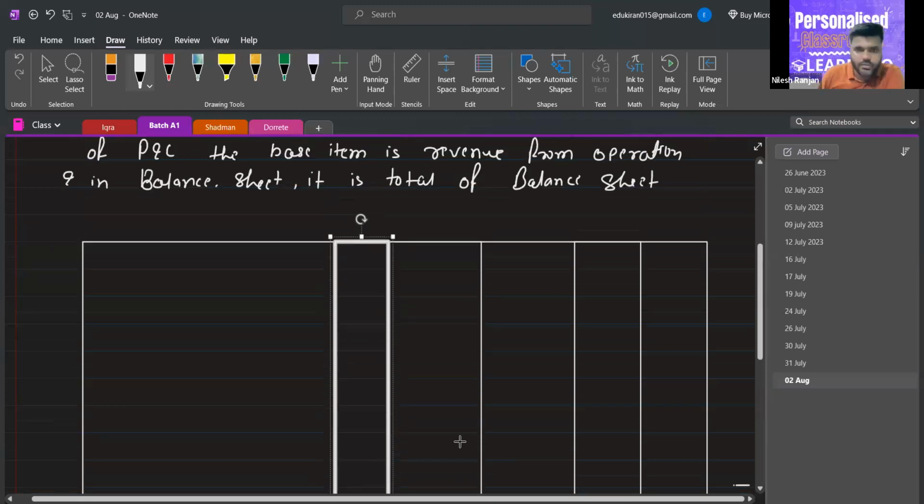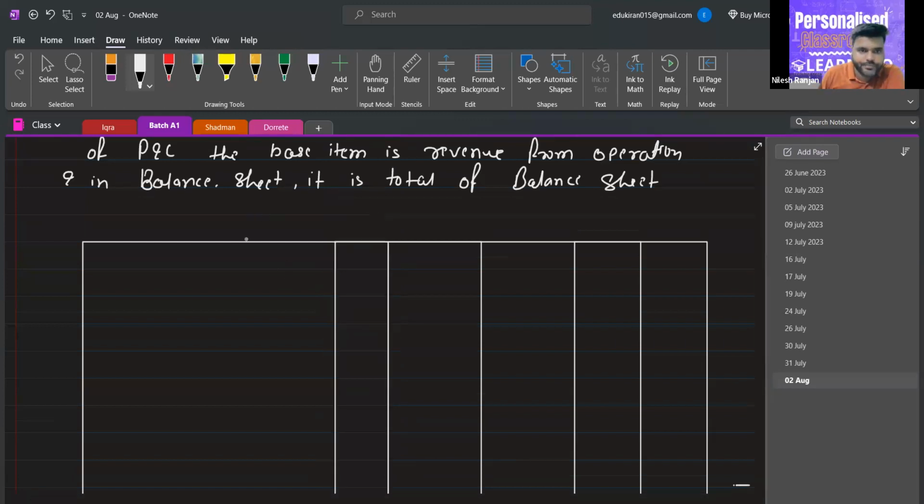So this is our common size statement. You have to write like this: common size balance sheet or statement of profit and loss as on whatever the date is.